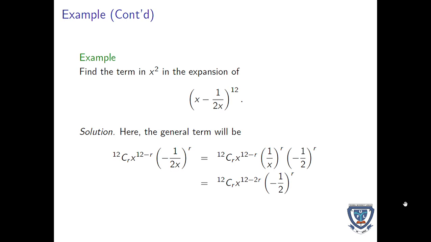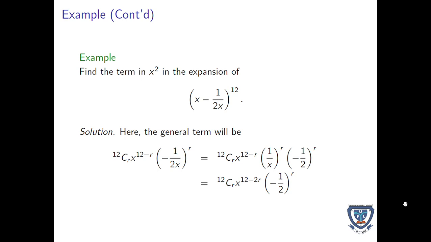Let's look at another example. You should find the term in x squared in the expansion of x minus 1 over 2x all raised to the power 12. To find the term that has x squared in the expansion, here, the general term will be 12 combination r, x raised to the power 12 minus r, times minus 1 over 2x raised to the power r.